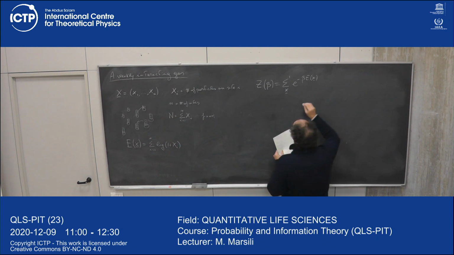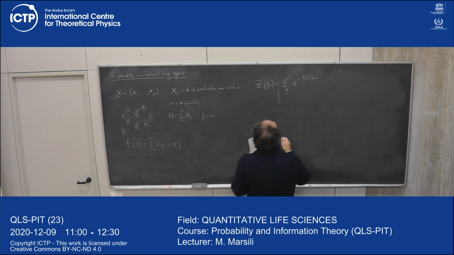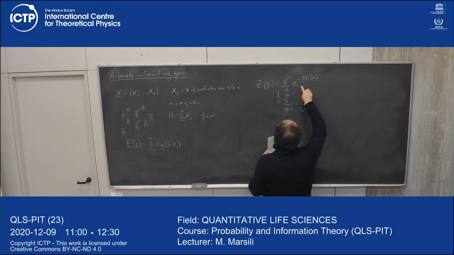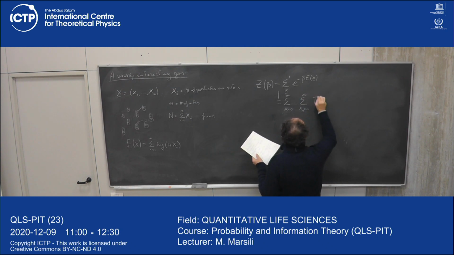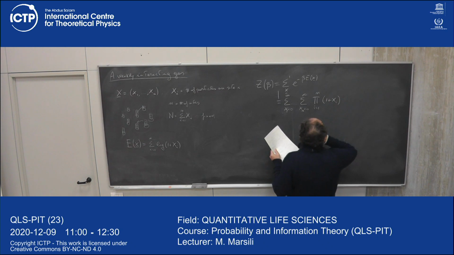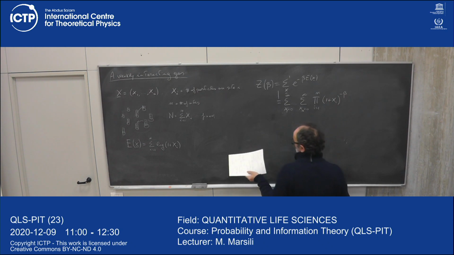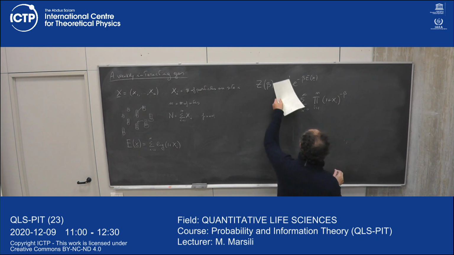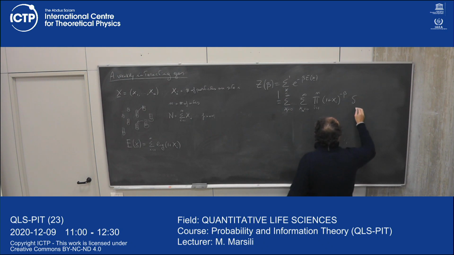And so I can write this as a sum over x_1 from 0 to infinity, up to a sum over x_n from 0 to infinity, of e to the minus beta times the energy, which is just the product over i from 1 to n of (1 plus x_i) to the power minus beta. And then this condition that the total is fixed, I should put as a delta function, that the sum over i from 1 to n of the x_i is equal to N.